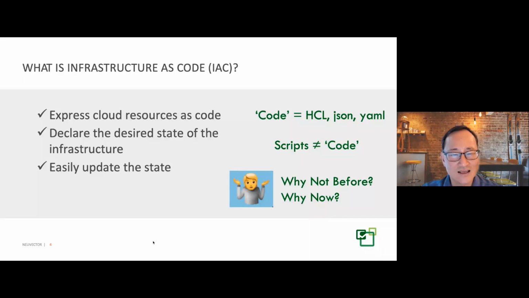Now, why couldn't we do all this before with scripts? Why is this possible now? Well, it's possible today because of all the virtual infrastructures that the public cloud providers provide.